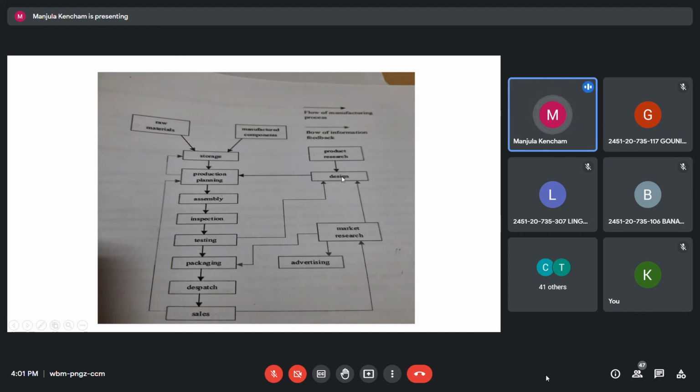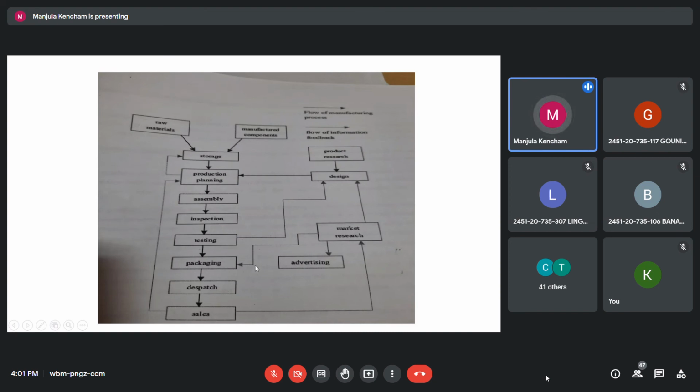Whenever there is a proper design that has been approved, the production planning goes back to storage to make use of these materials and starts assembly. Then once the assembly of equipment is done, a test model is produced, somebody inspects. After that, testing is done for quality control check.